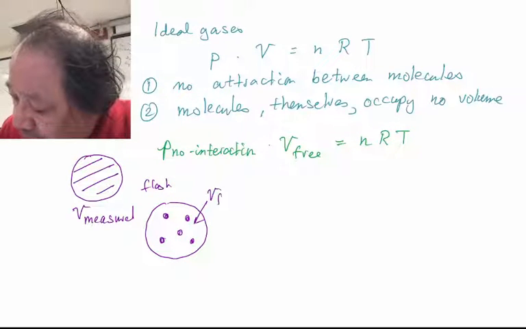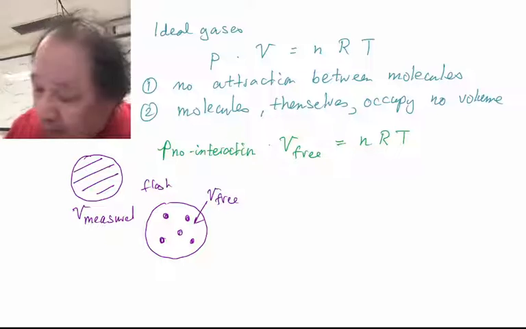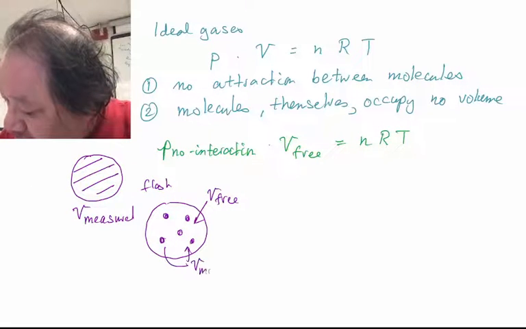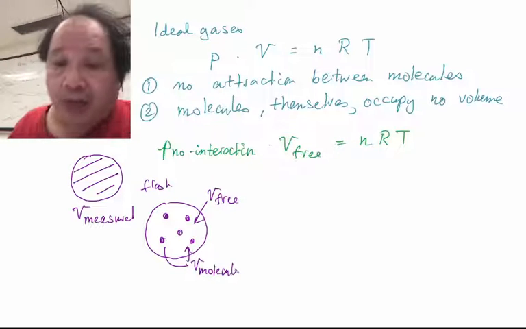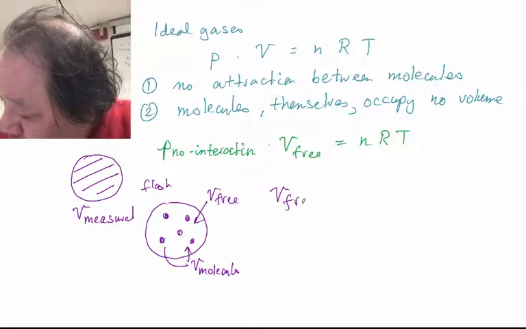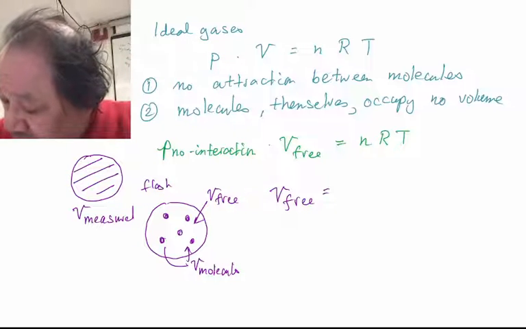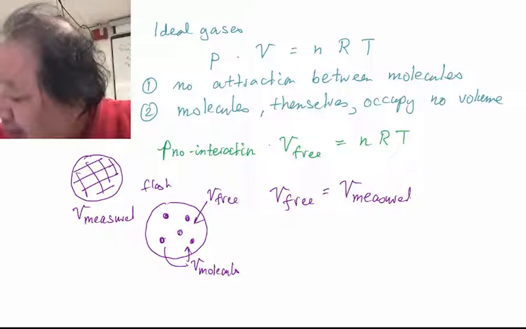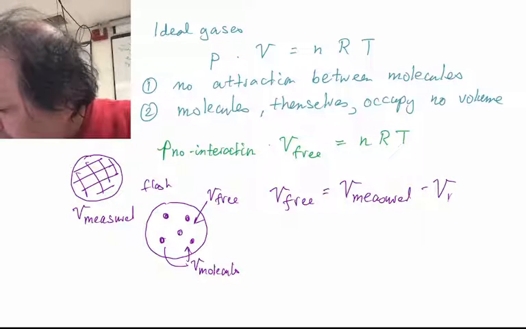V free is the volume between the molecules, and the molecules themselves have a volume, V molecules. V free equals the measured volume, which is the whole flask itself, minus the volume of the molecules.